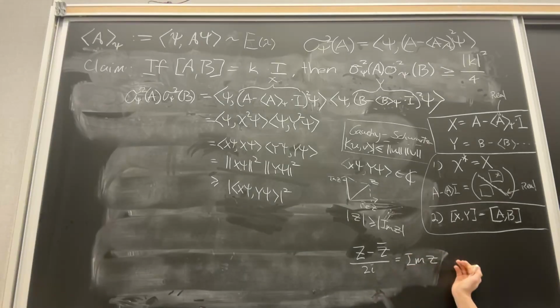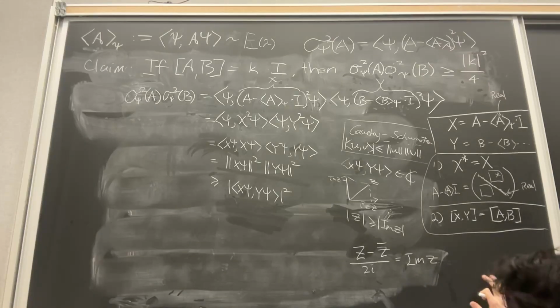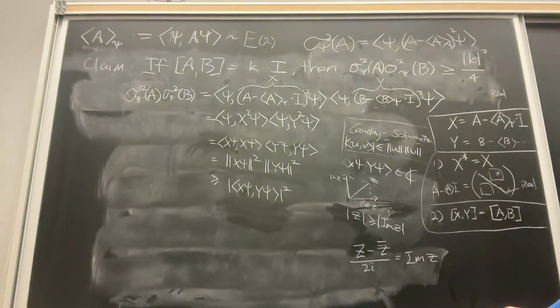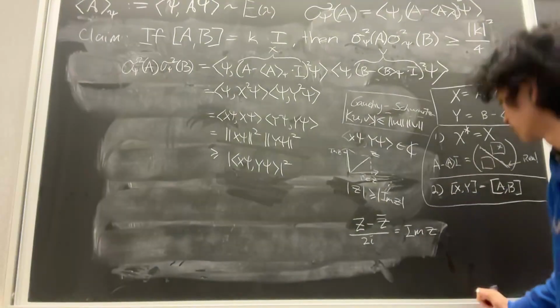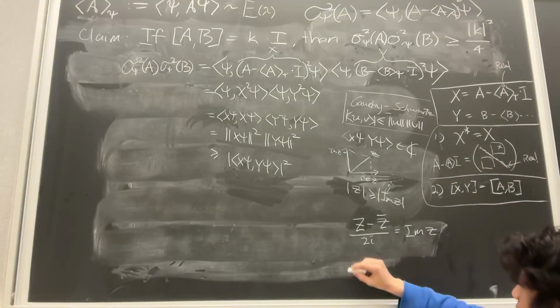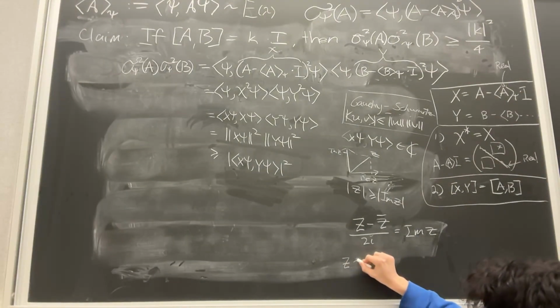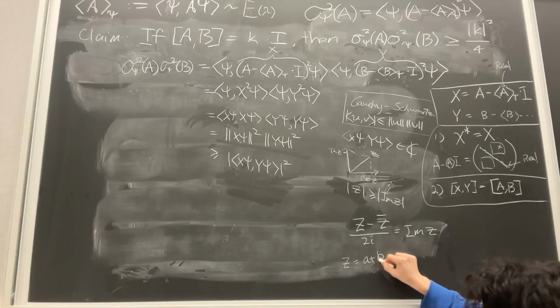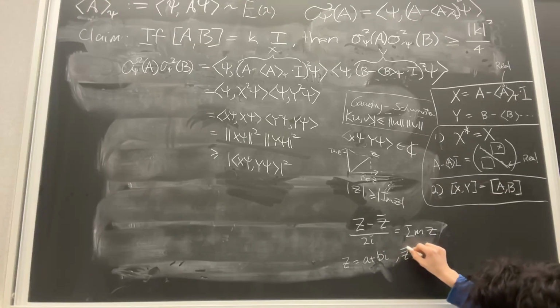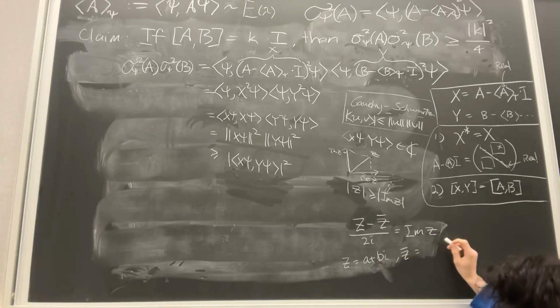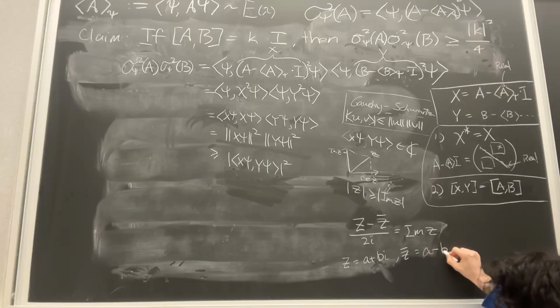Do you see why this is true, or have you seen it before? Just a quick check for people who haven't seen it before. So z is a plus bi. Z bar would be, i becomes negative i, so a minus bi.